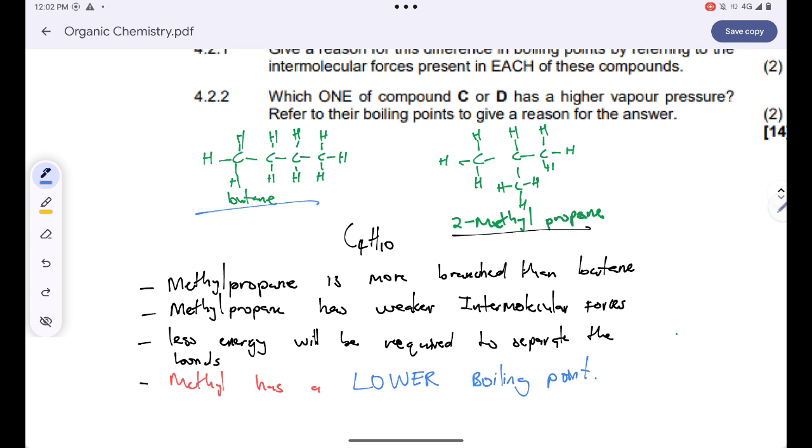Then our second point will be that butane has stronger intermolecular forces compared to methylpropane. The third point will be butane will require more energy to separate the bonds. And then the last point would be that butane will have a higher boiling point compared to methylpropane. That's how, guys, you need to tackle these types of questions.